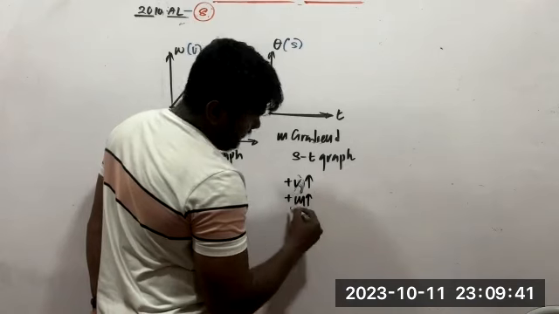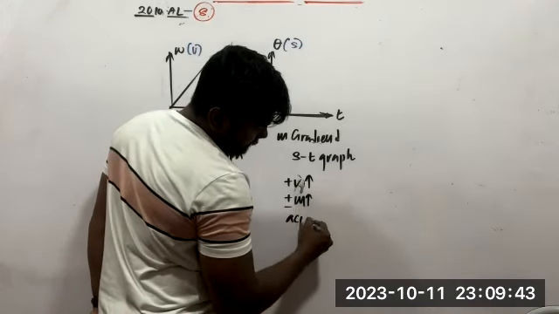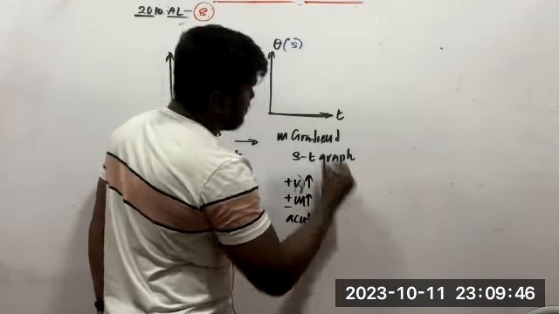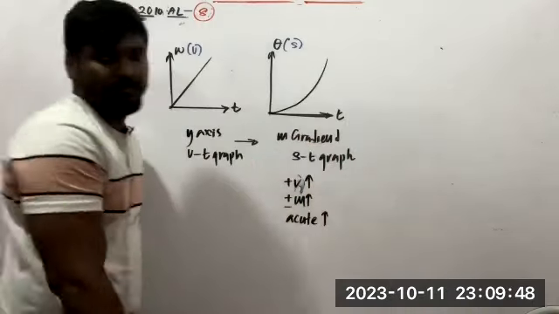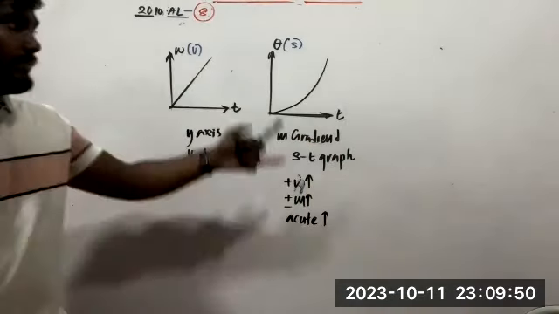A positive gradient means an acute angle, so the acute angle increases. Raise your hand if somebody understood.